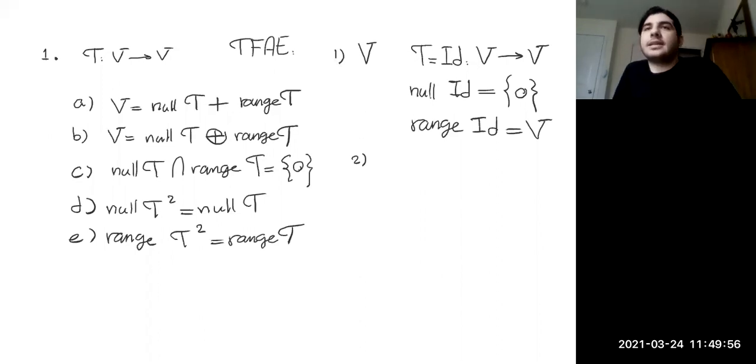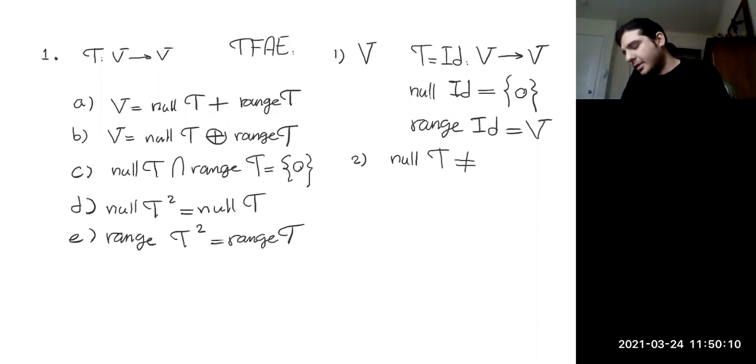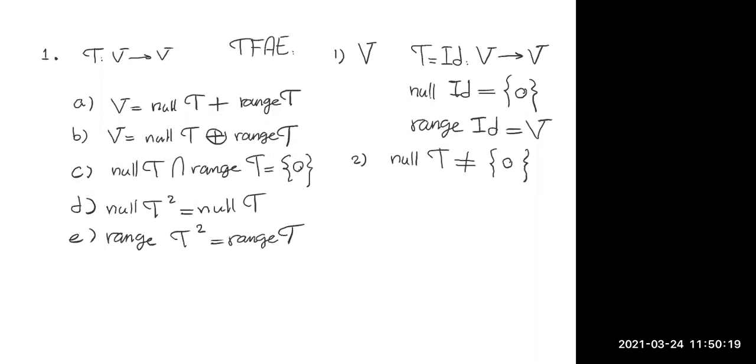Let's present a second example where the map is not identity. Let's try to find a map where, unlike the previous one, the null of T or the kernel of T is not just 0. Let's find a map whose kernel is something non-trivial. How about the map in which the kernel is the entire space itself, for all V, T of V equals the 0 vector?